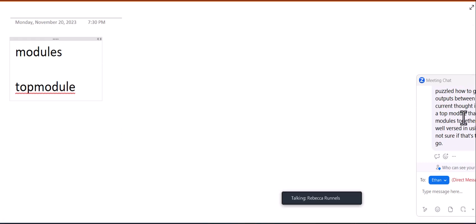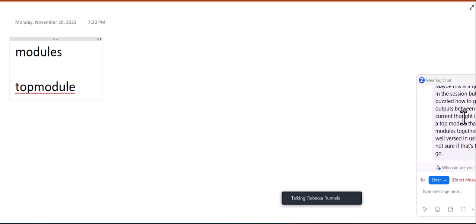You might be puzzled how to get the outputs between the modules. Yes, use a wire at the top, but it's easier than you think. You don't actually have to wire them together.